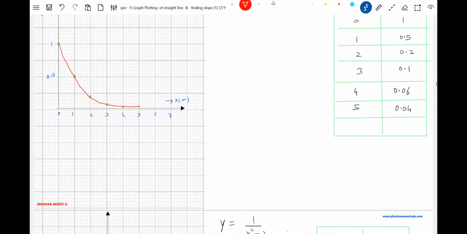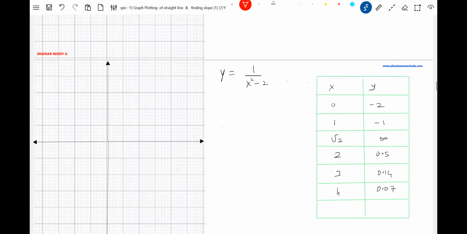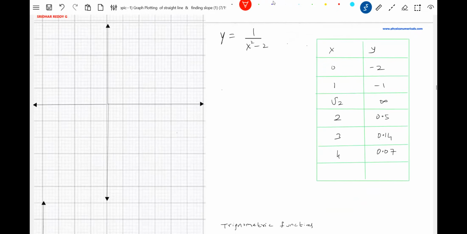Let's explore this further. y equal to 1 by x square minus 2. A little bit we have to be careful. Look at x equal to minus 2, minus 1, and how the curve will be.